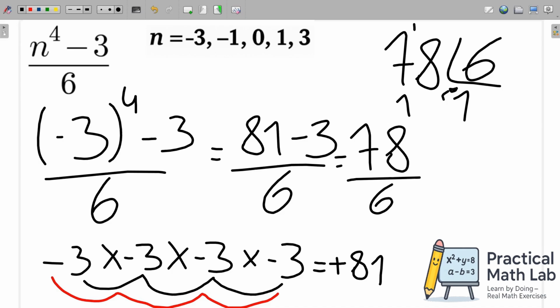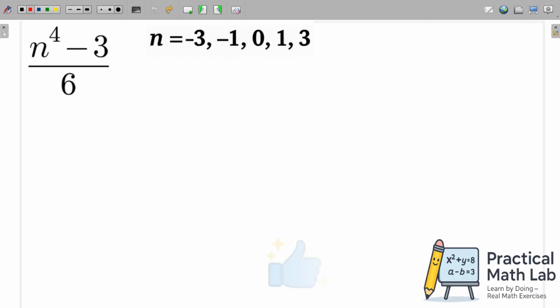From 7, 1 left, bring down the 8. 18 divided by 6, 3. 3 times 6, 18. From 18, 0 left. So, when n is -3, the answer is 13. Let's go to the next one now.